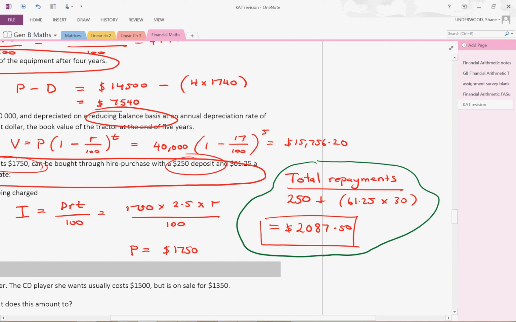The total repayments, you can take this to the bank, is equal to the principal plus the interest over the term. All right, so the interest earned isn't $2,870.50.